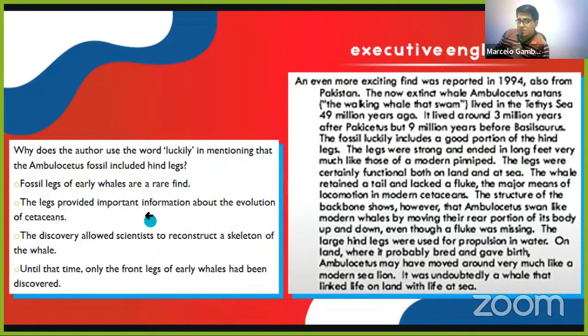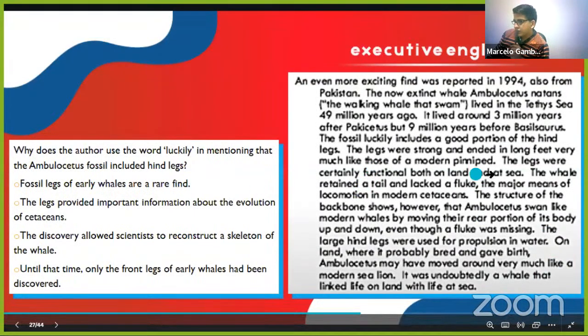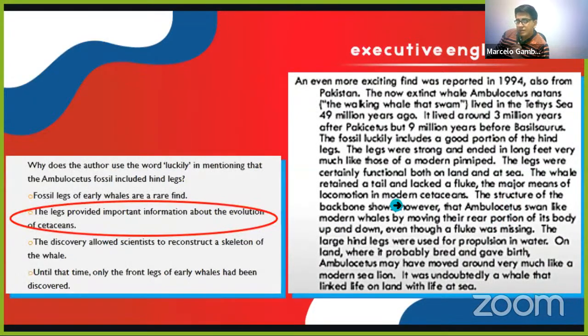So it's letter B. The legs provided important information about the evolution of cetaceans. Okay, so that's the answer here. It's B. Okay, so any question until here? Could be a word that you don't understand.